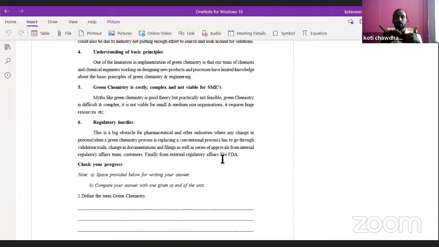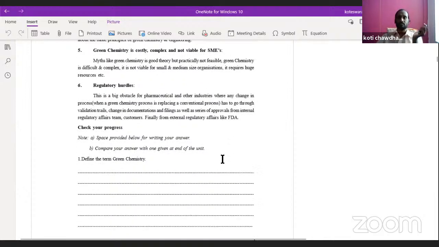Whenever we apply green chemistry technologies, these procedures need to be changed. All the validation procedures are changed by the FDA and drug controlling authorities. Therefore, there is a difficulty, there is a hurdle. We need to switch to the new process of validation. Therefore, it takes so much time for adaptation. Okay, this is the regulatory authorities.